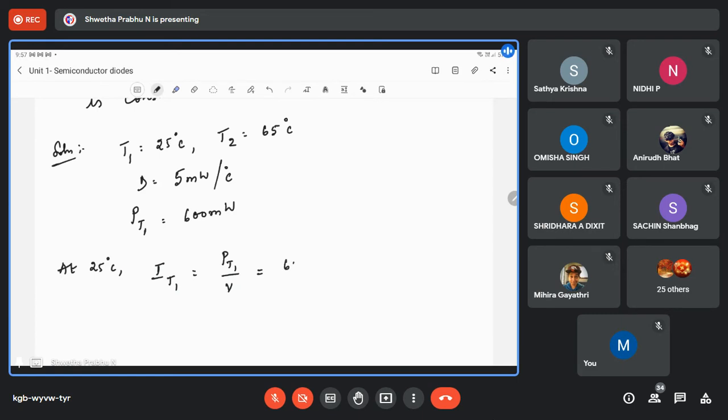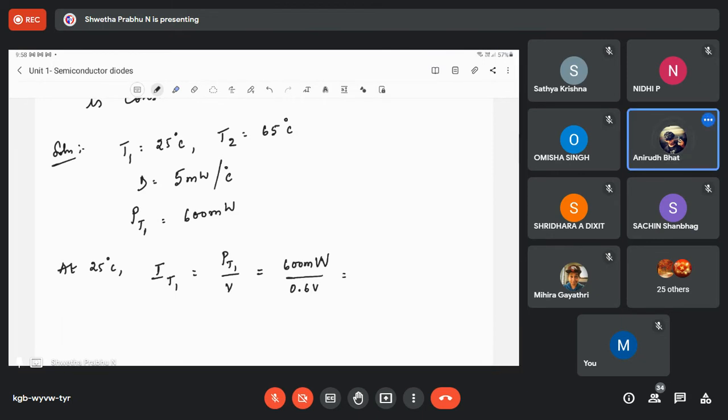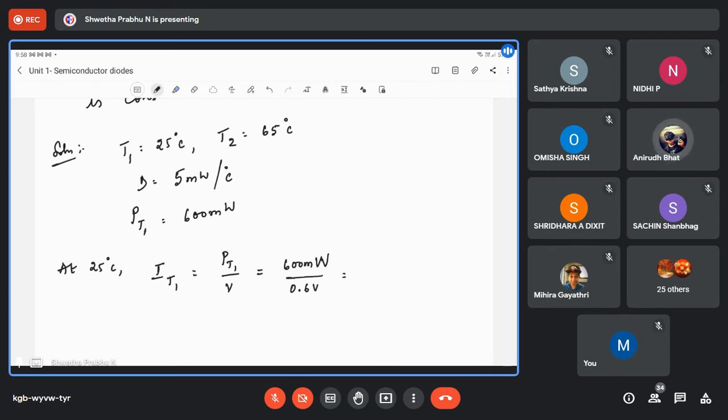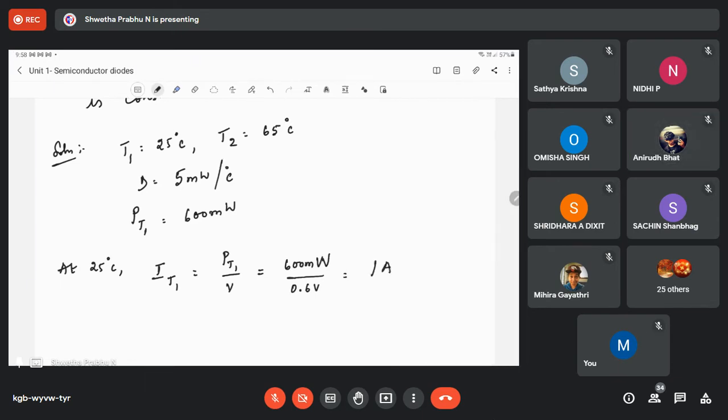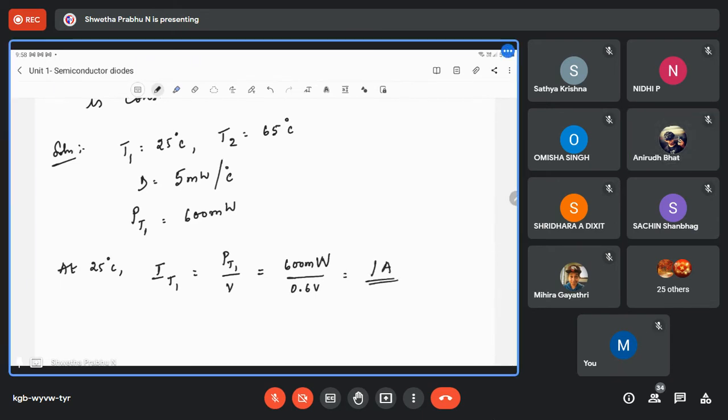So PT1 is 600 milliwatt, and this is 0.6 volts. How much will you get? 1 ampere. 1 ampere.